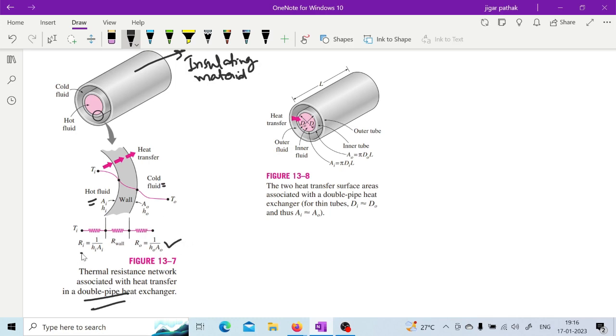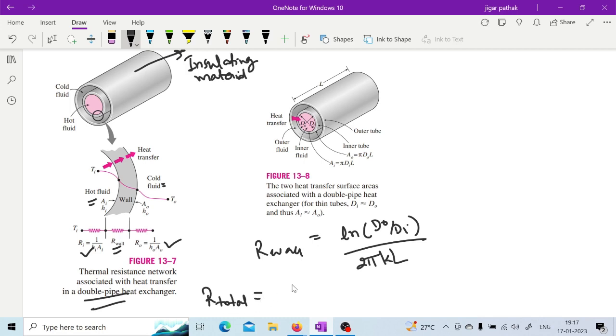The convective resistances are 1 upon h_i A_i and 1 upon h_o A_o, while R wall for conduction is given by ln(d_o/d_i) upon 2 pi k L. So the R total in the case of a double pipe heat exchanger will be R_i plus R_wall plus R_o.